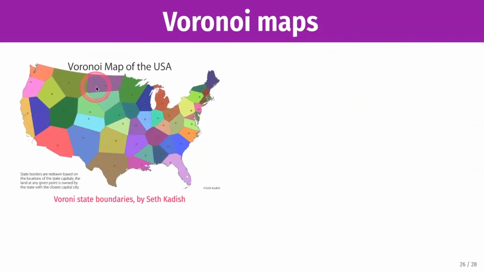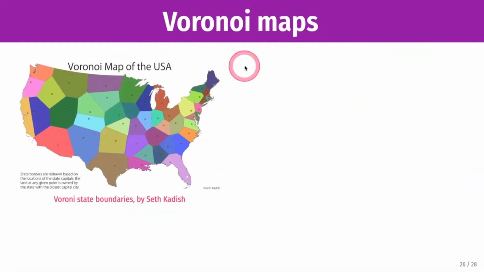And so this is imagining if you drew state boundaries so that you live closest to a state capital. So for instance, here's Montana. According to this, people that live down here in central Idaho should in theory belong to Montana, because it's closer for them to drive to the capital of Montana than it is to Salt Lake City or Boise. So that's what this is showing here.